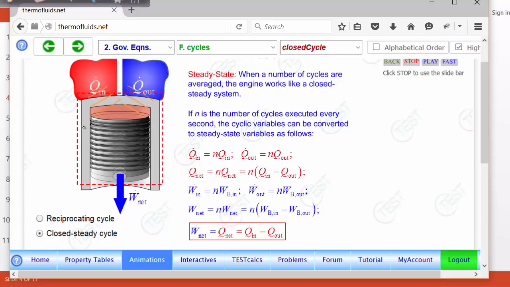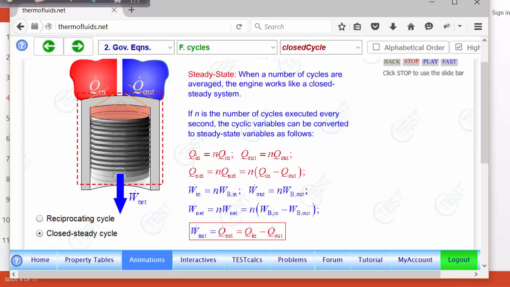In other words, if the picture is taken over a reasonable time, that is, it's not a really instantaneous picture, but the exposure time is, let's say, half a second. And who cares about what happens in a millisecond? Whenever we take a measurement, there's a minimum time of measurement. So if our time of interest is, say, over half a second, there will be so many cycles executed, it will be, for all practical purposes, a steady engine.